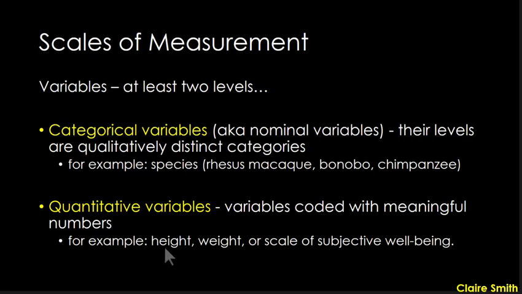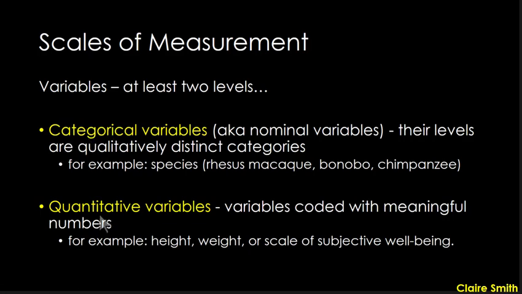So your height, right? You're so tall. Your weight, your age is a quantitative variable. Your scale of subjective well-being, if you're measuring strongly disagree to strongly agree, that's a number that we're measuring. Okay, so if the measurement's in some sort of number, it's quantitative. If you're in a group just using words to describe someone, that's a categorical variable. Okay, hopefully that's pretty straightforward.